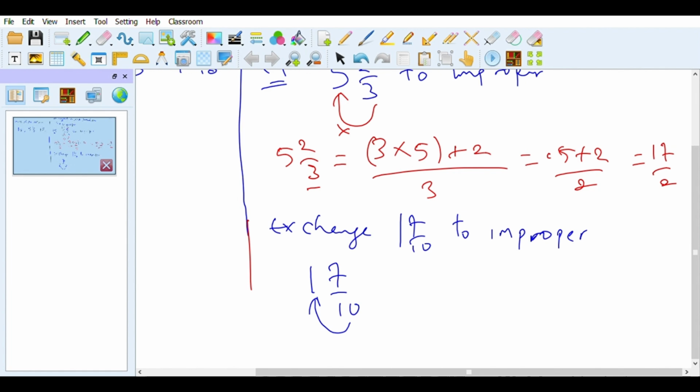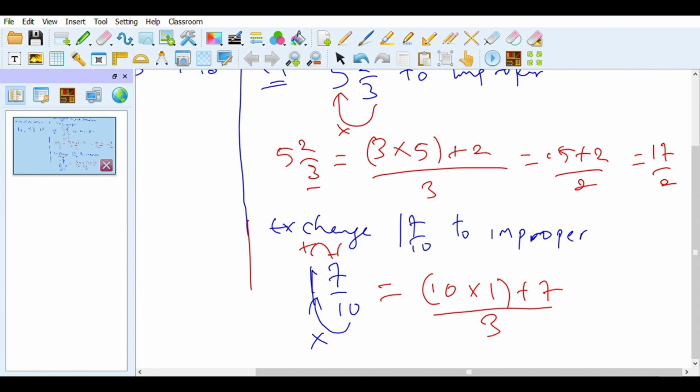Use the denominator, multiply by the whole number, which is 1, and then use the answer you get to add to the numerator. So in this case, we have 10 times 1. And like I said, get your answer first before you add the numerator, which is 7.